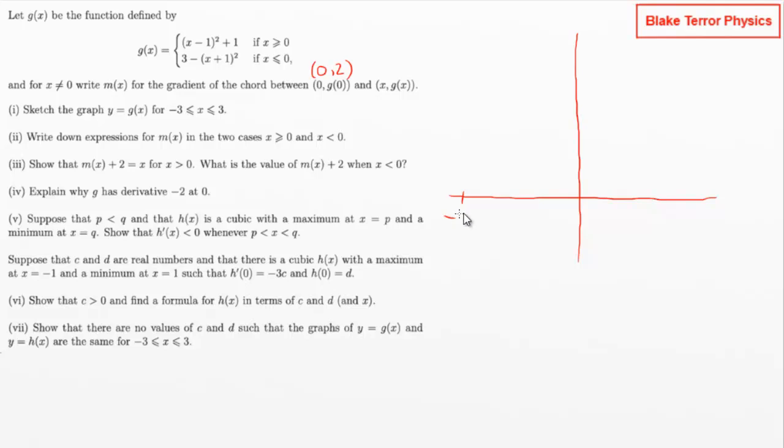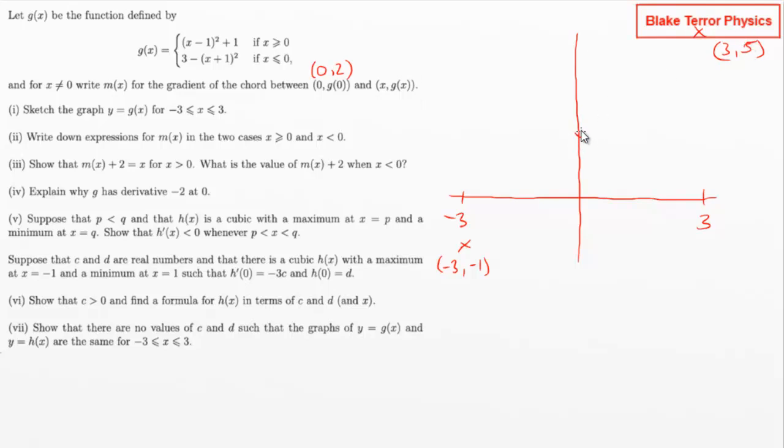So we're going from -3 to 3, because when we put -3 in the bottom one here, we're getting 3 minus 4. So we're getting -1, so we're going through there. And when we put 3 in the top one, we're getting 5. So we're going up here. So we've got -3, -1, and then 3, 5 on those points.